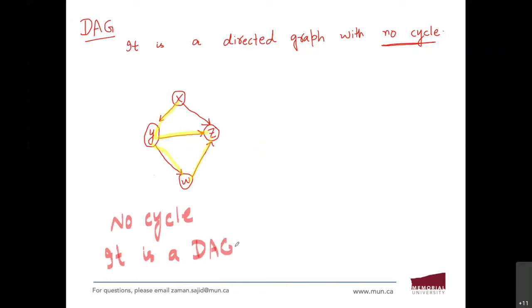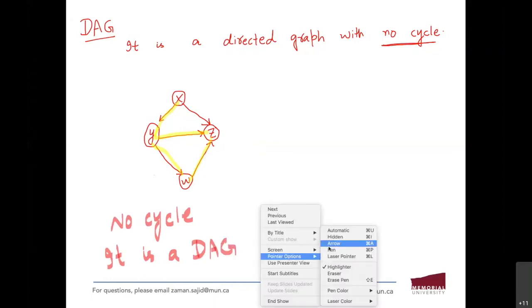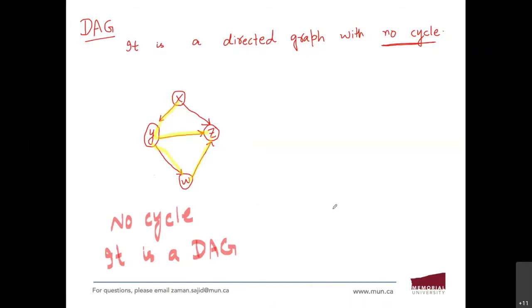Instead of this one, if I take an example, let's say this is x and this is my y, this is z, and this is w.